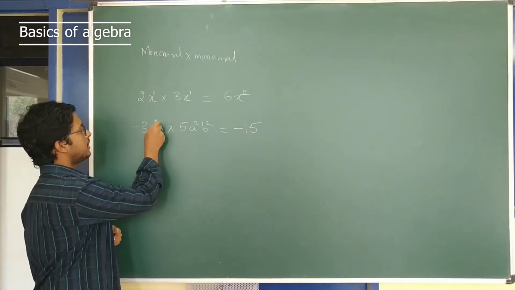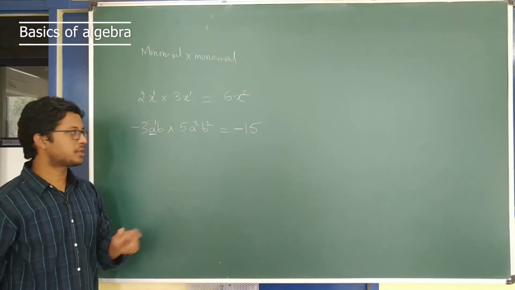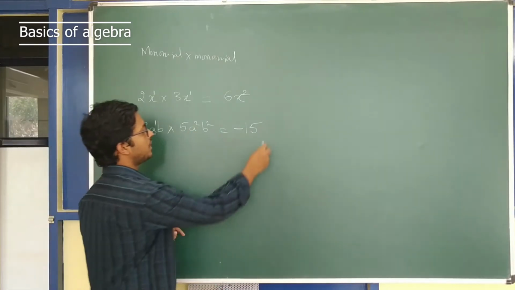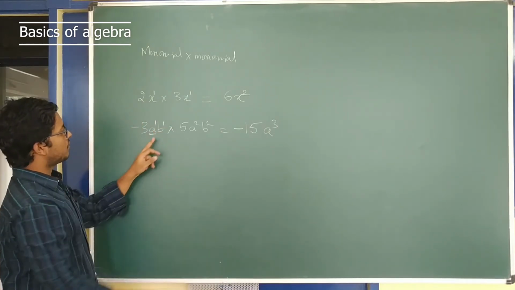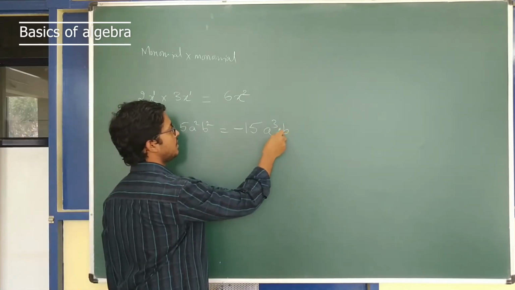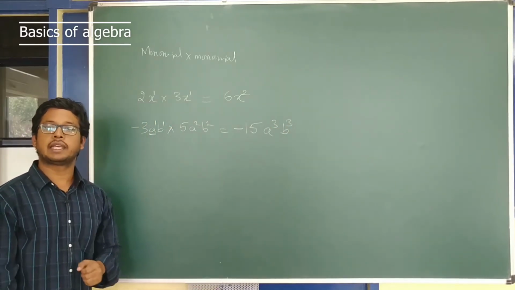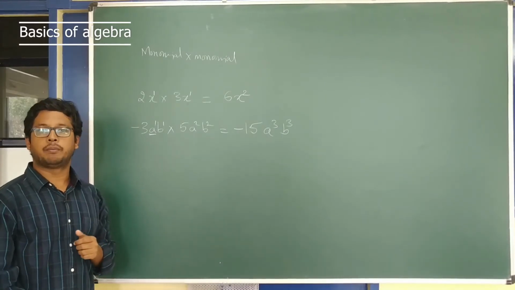A has power 1 and this is a square. So a multiplied by a square by laws of exponents, you get a raised to 1 plus 2, which will be 3. Similarly, here b raised to 1 is what we have, and here we have b square. So b raised to 1 into b square becomes b raised to 1 plus 2, which will be 3. So it becomes minus 15 a cube b cube.